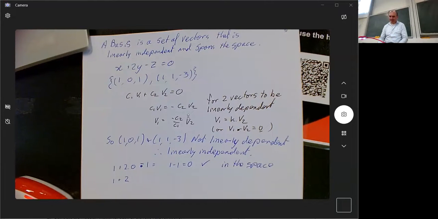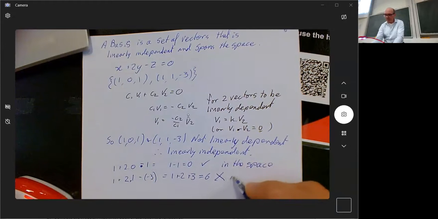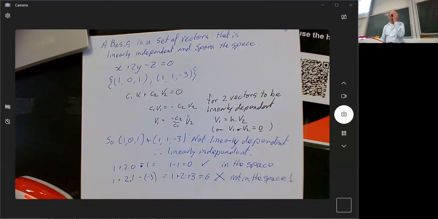All right, this is equal to 1 plus 2 plus 3. All right, not in the space. Oh my gosh, not a basis.